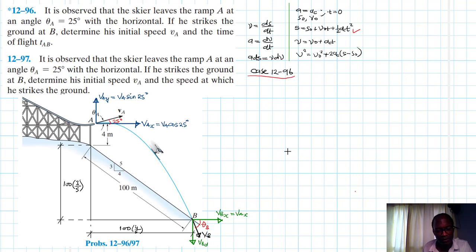All right. So let's work out what we are looking for in this particular case. Of course, we'll start with the horizontal motion. Let me write it there. Horizontal motion.